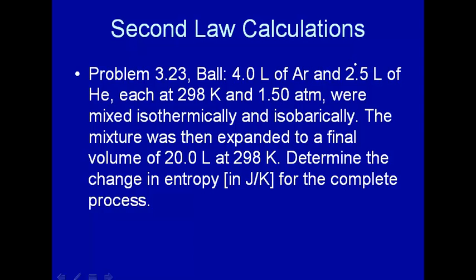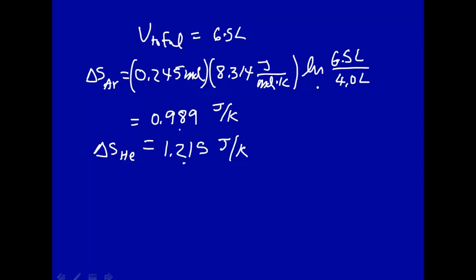Helium initially was at 2.5 liters, and it now expands into 6.5 liters. That's a bigger expansion, a lot more volume for helium to expand in, and therefore the entropy change for helium would be greater than that for argon. Argon goes from 4 to 6.5 liter, not as much volume change as helium, so helium has the bigger entropy change, and that's what we find.